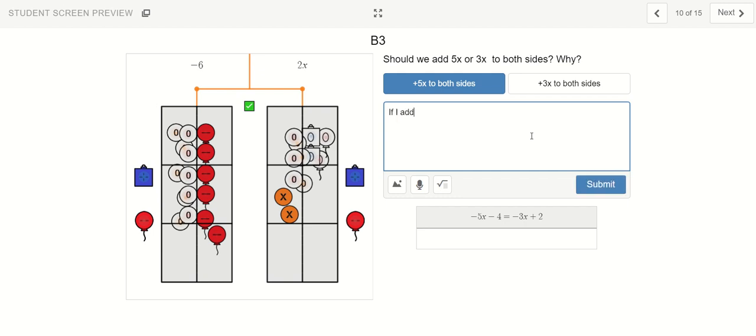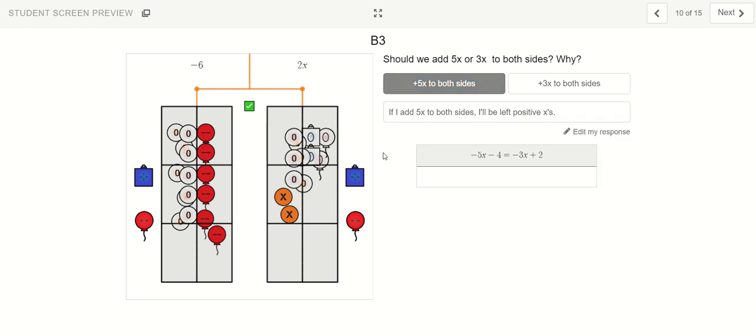If I add 5x to both sides, I'll be left with positive x. And from here, again, after adding x to both sides, I had negative 4 equals 2x plus 2. And from there, I have minus 2 on both sides.